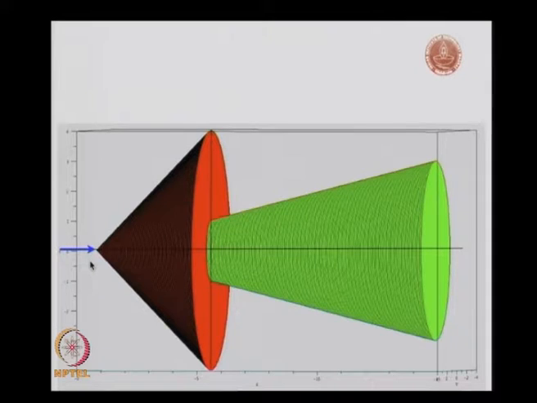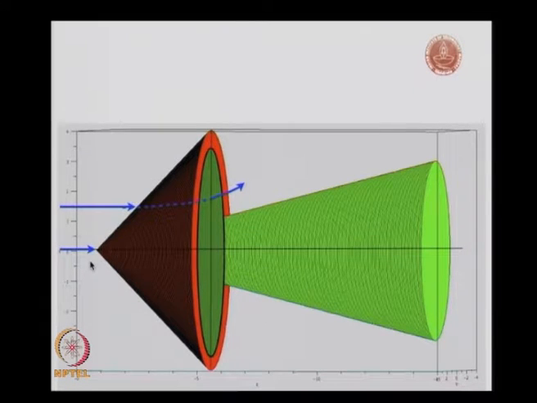So, say we have a streamline like that. It comes and it will deflect. Now, what we will do, like we just did earlier, is look at another cone within this cone.